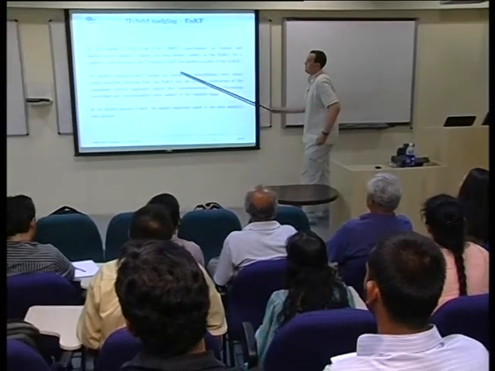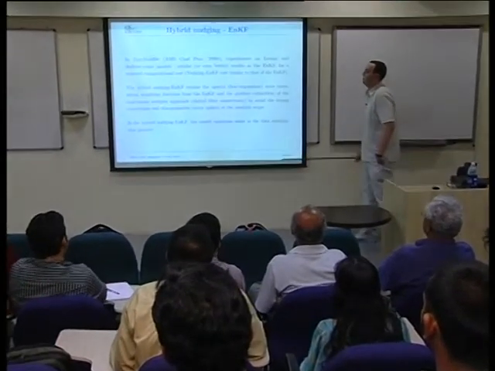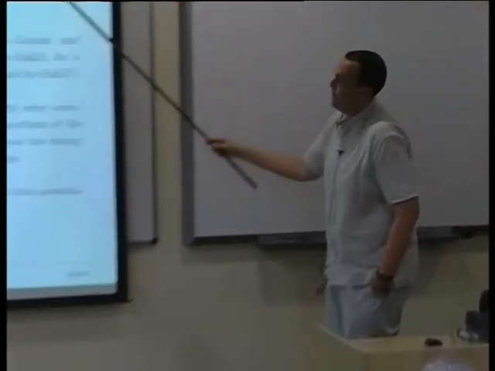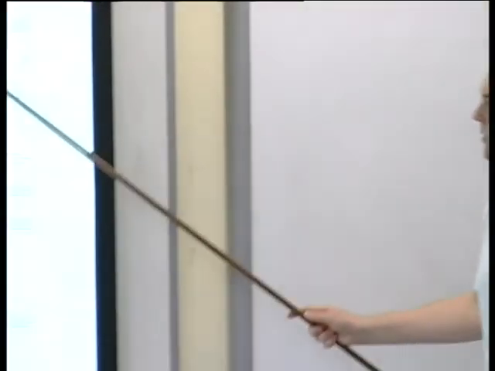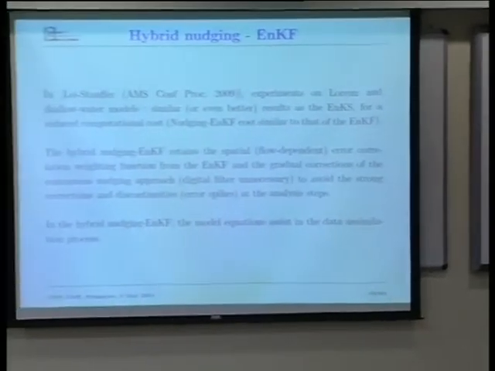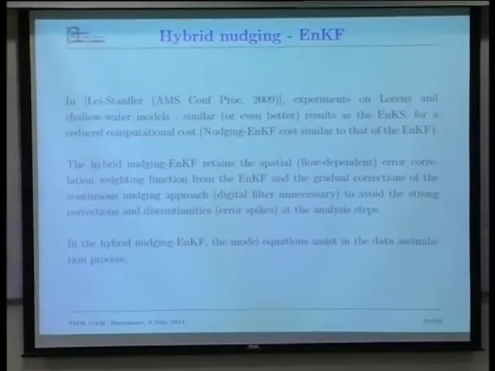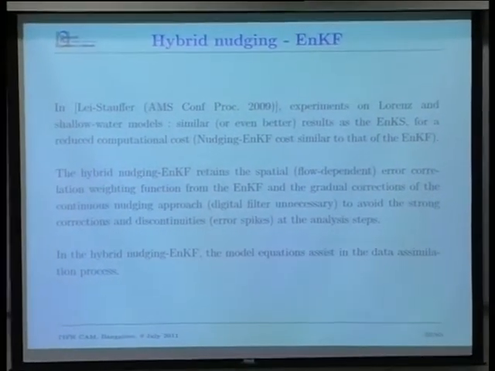So Dave Schoeffer and his team tried this hybrid scheme on Lorentz models and then shallow water models, and they get better results than the ensemble Kalman filter and also than the ensemble Kalman smoother, even if in this paper they did the smoother with only one observation time for the correction backwards in time.